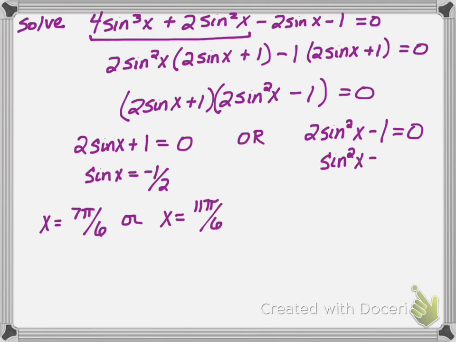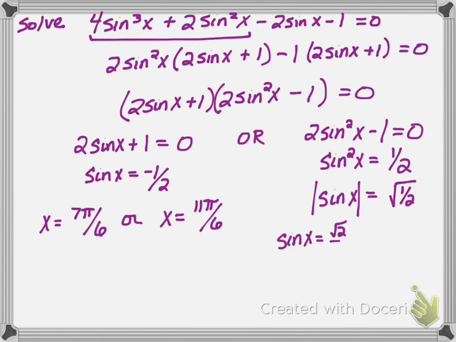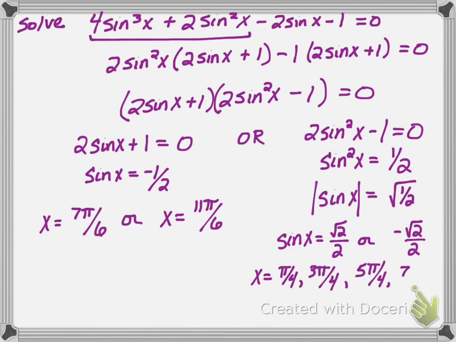And 2 sine squared of x minus 1 has to equal 0, which means sine squared of x equals a half, which means the absolute value of sine of x equals the square root of a half, which means sine of x equals square root of 2 over 2, or negative square root of 2 over 2. And that happens at pi over 4, 3 pi over 4, 5 pi over 4, and 7 pi over 4. So there are 6 solutions to this equation.